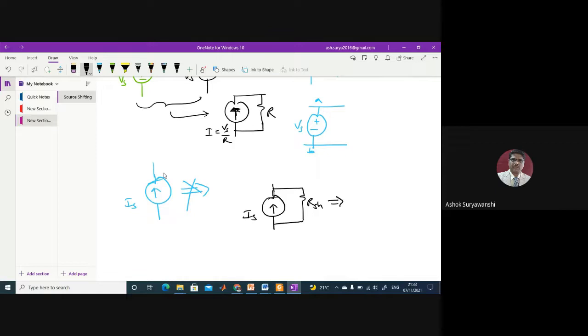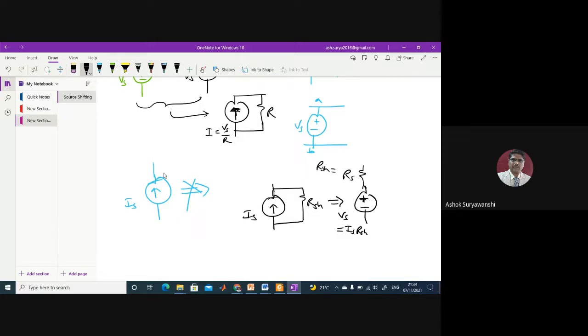Then this current source can be transformed into the equivalent voltage source Vs, where Vs is equal to, according to Ohm's law, Is into Rsh, and this Rsh will come in series with this voltage source, which is normally Rs, because Rs is equal to Rsh. And for the polarity, the current is flowing in the upward direction, so it is upper plus, lower minus. So this we have seen.